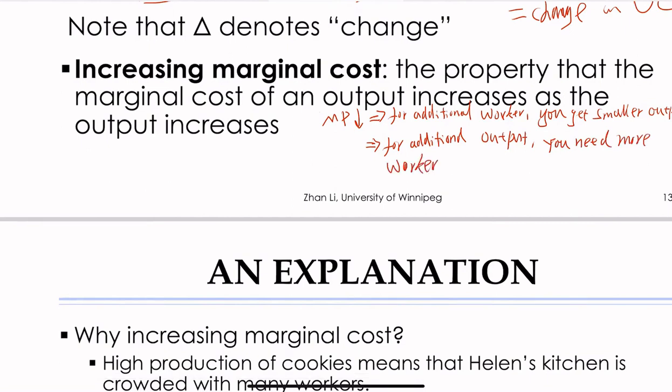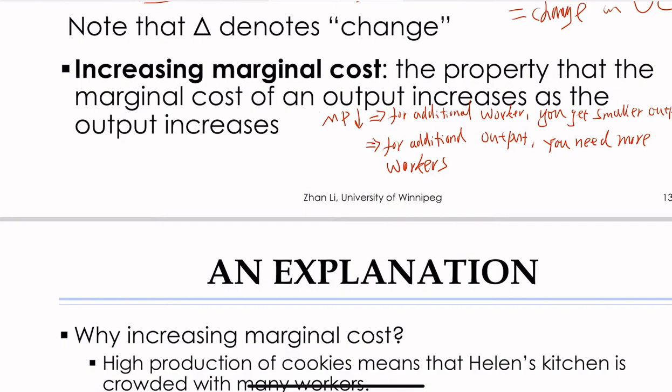Because we know that these workers become less effective due to this diminishing marginal product. So if you want to get this additional 1 unit of output, if you want to make 1 additional product, you have to hire more workers.